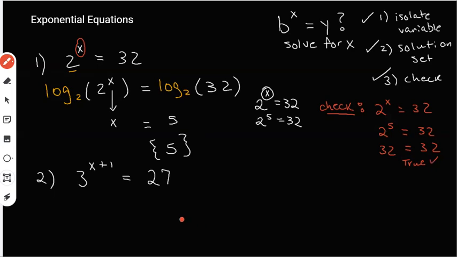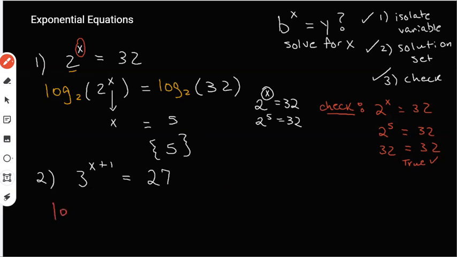Let's try number 2 now. This time the base is 3, and the exponent is x plus 1. Well, we can get that x plus 1 by itself, but to do that, we would have to take the logarithm of both sides.